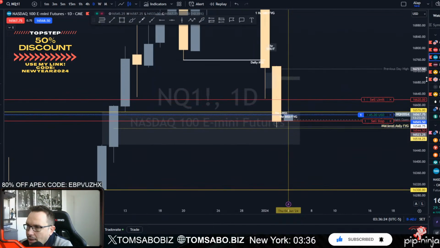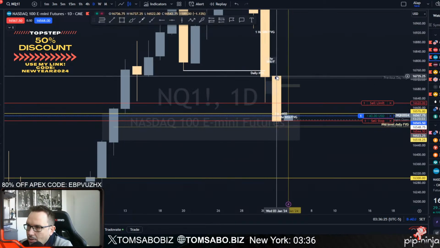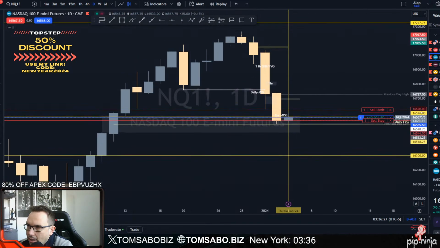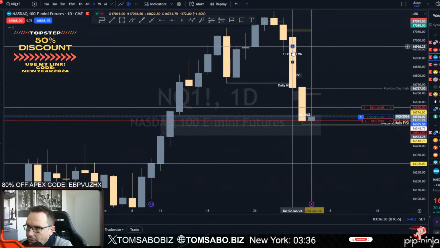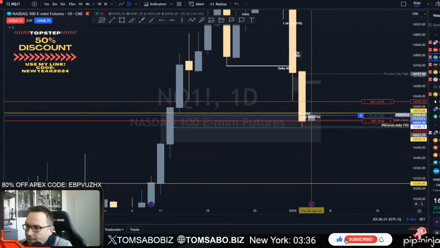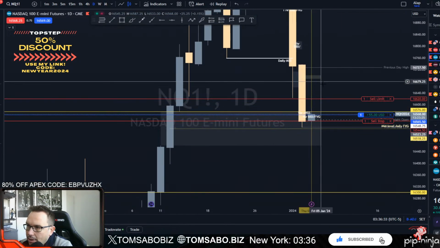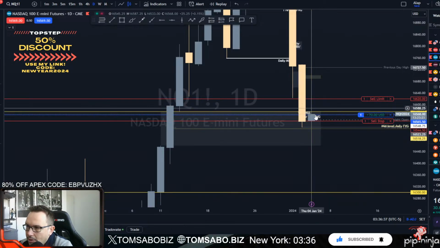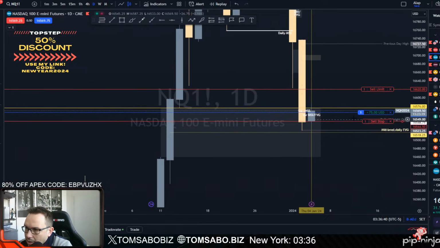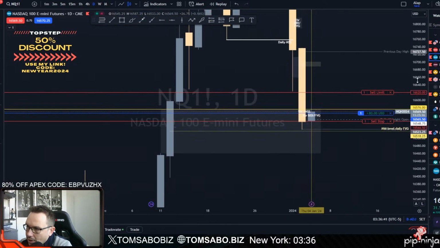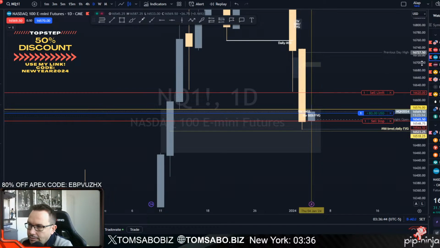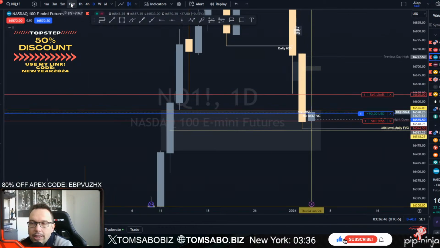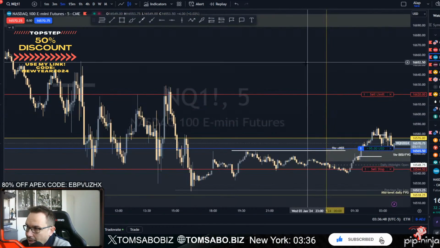And if we look at the daily chart, yesterday's candle almost has no wick there, and there's also a market structure shift to the downside. So I would really love to see today's daily candle end up in the green, which means we should be buying around this area, and that's what I'm looking for. Actually, that's what I did.